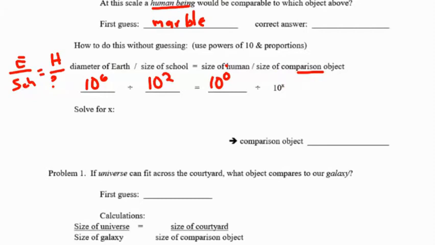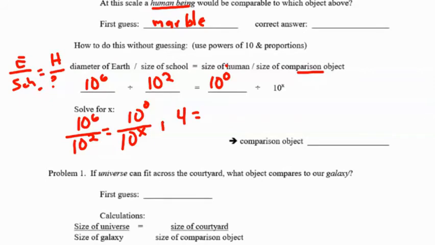So now we're going to solve for this. I'm going to set up 10 to the 6th divided by 10 to the 2 equals 10 to the 0 divided by 10 to the x. Hopefully you remember from algebra that when you divide exponents, you simply subtract them. So the left side becomes 4: 10 to the 6th divided by 10 to the 2 is 10 to the 4th.